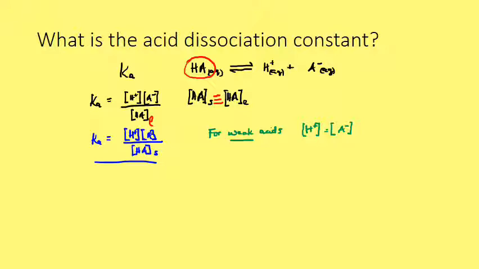What that allows us to do is simplify this equation for the acid dissociation constant one step further. So Ka for weak acids can be written as the hydrogen ion concentration squared divided by the acid concentration at the start of the reaction. So next we'll look at an example where we can use this to find the pH of weak acids.